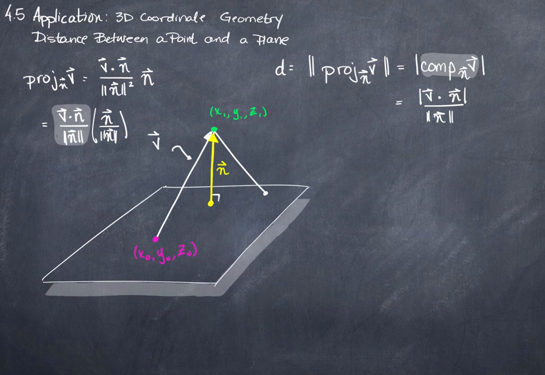Well, we know what the components of v are because we know how to take the endpoints, the initial point and the terminal point of a vector, and describe it using those values. So v is equal to the terminal point minus the initial point for the first component, and so on.